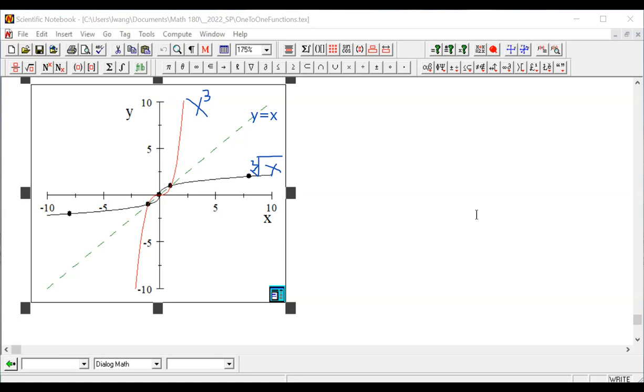The answer is yes, always. You can count on that. The graphs of a pair of functions that are inverse to each other are always symmetrical along the line y equals x. If you fold one along the line, you overlap with the other, and vice versa. That's one interesting phenomenon.